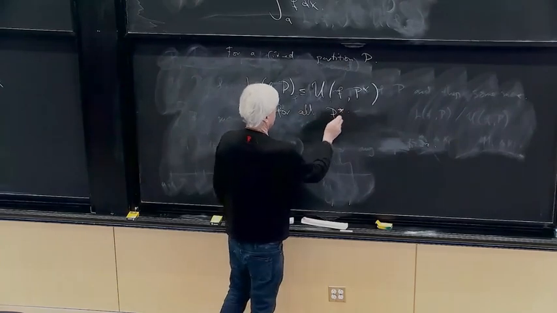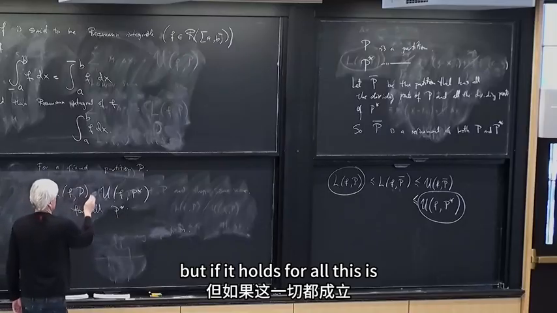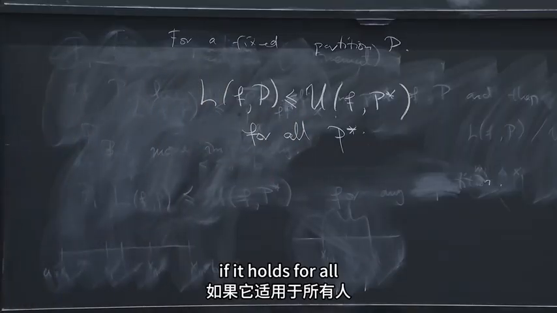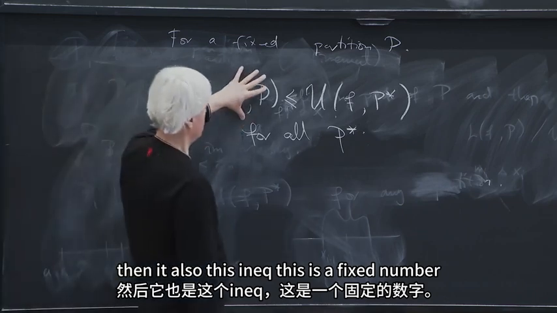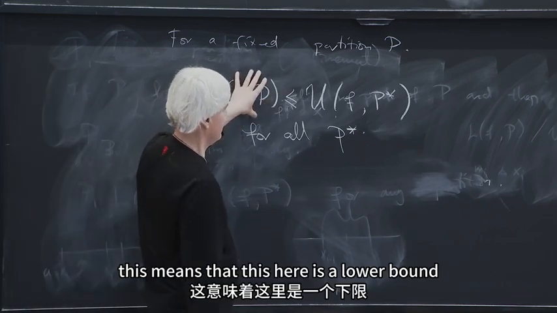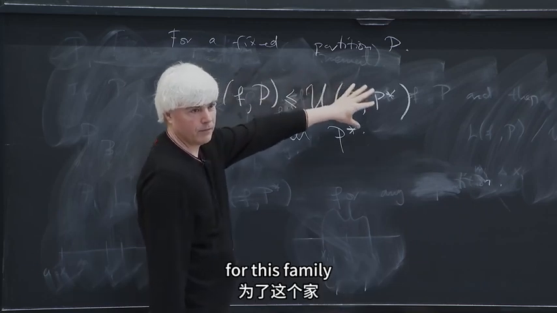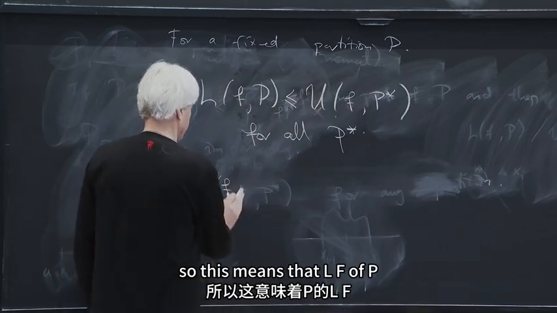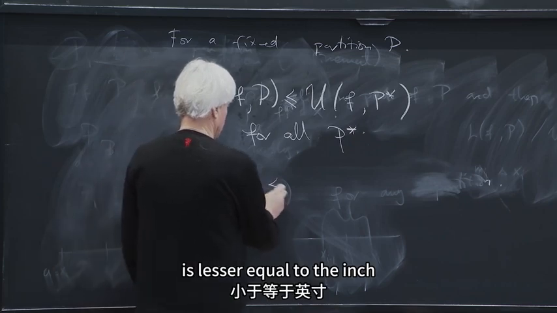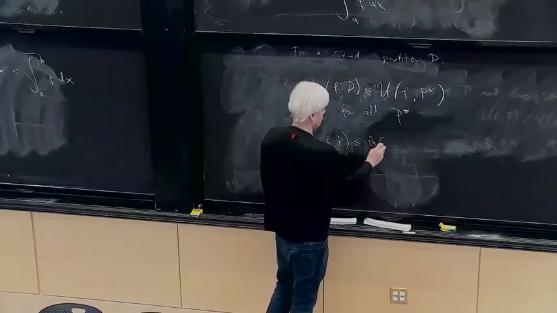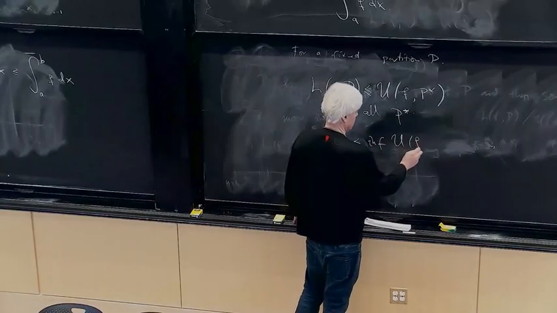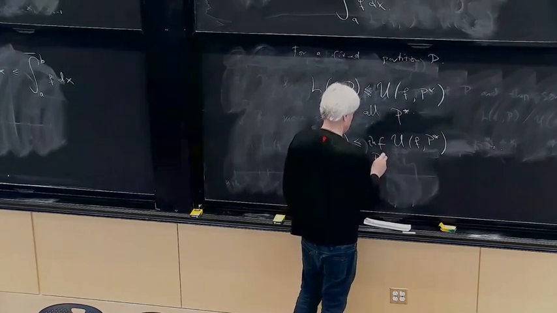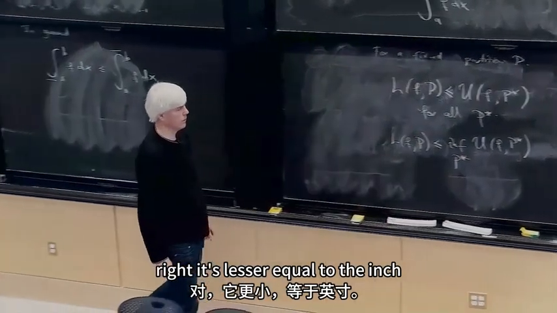If it holds for all, this is a fixed number, which means that this here is a lower bound for this family. So this means that L F of P is less or equal to the infimum of those guys.